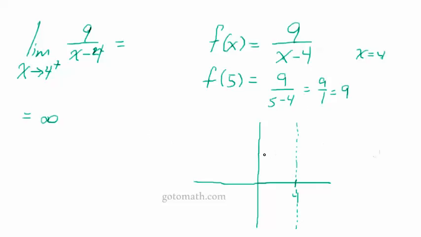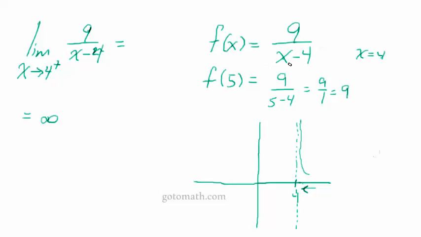We're approaching 4 from the positive direction, and the graph is going upward to positive infinity. As we get closer and closer to 4 coming from the right hand side, the y value is increasing and heading towards infinity.